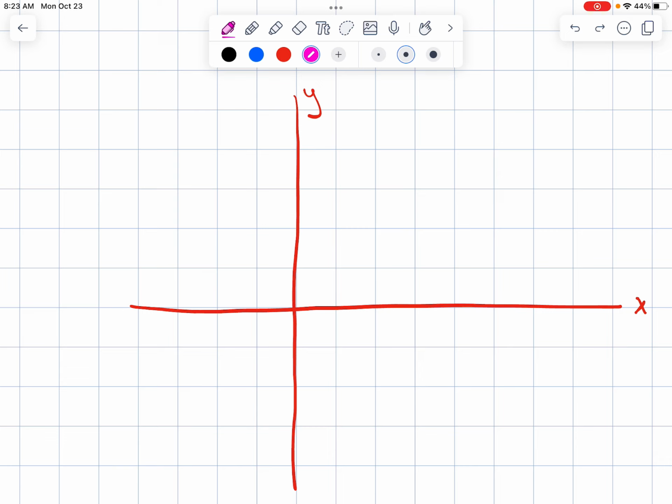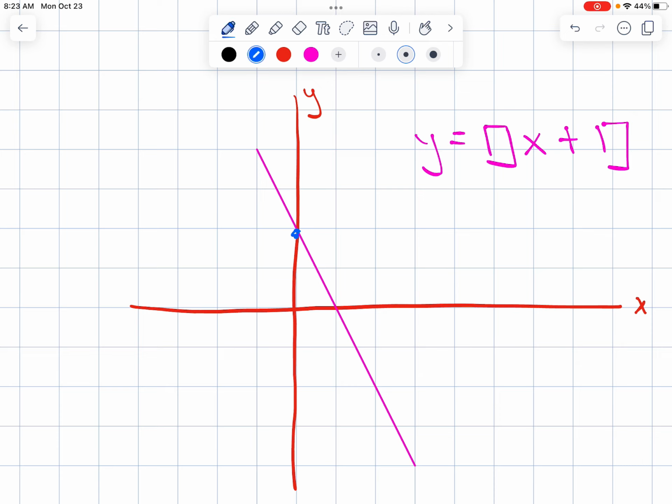So here, let's do this. Cool. All right, so we have that line right there. Again, our equation is y equals something x plus something. Now this first something is our slope, and our slope is our rise over our run.